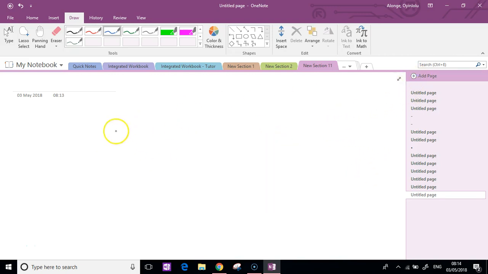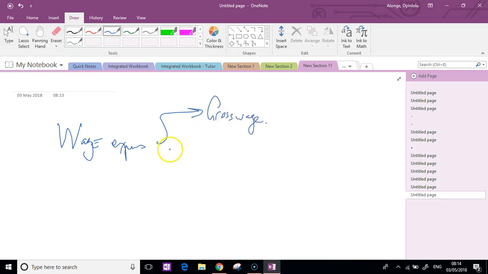The next thing you need to understand clearly is that your wage is not the only cost to the business. So the definition of wage for a business is not just your gross wage. Wage expense is made up of your gross wage, and I'll talk about what that's made up of in a second. The employer has a responsibility to pay national insurance on your behalf.